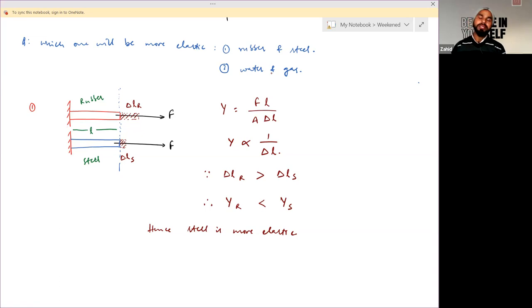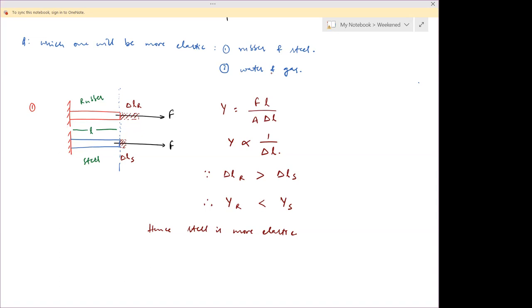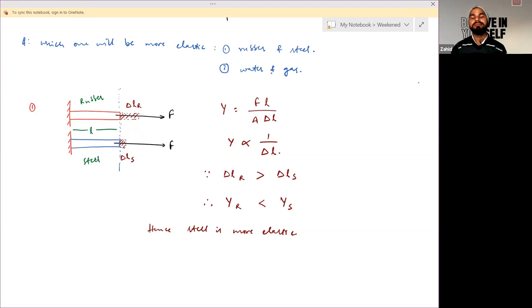The more the deformation in that particular object, the lesser its modulus of elasticity, which means it will have a smaller elastic behavior. Is it clear? Yes, sir. Okay, just write it down.